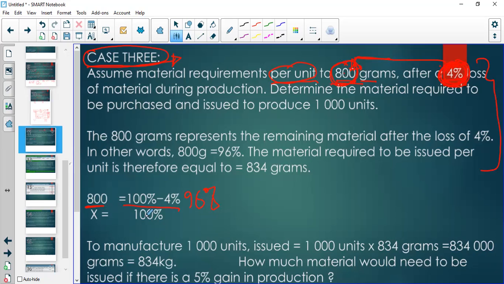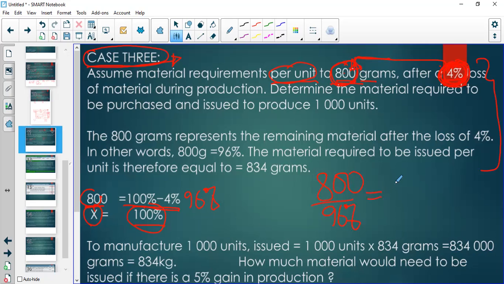Now we need to know what's the quantity for 100%. If 800 represents 96%, what's the quantity for 100%? You're going to do your cross multiplication, which obviously will lead you to 800 over 96%.